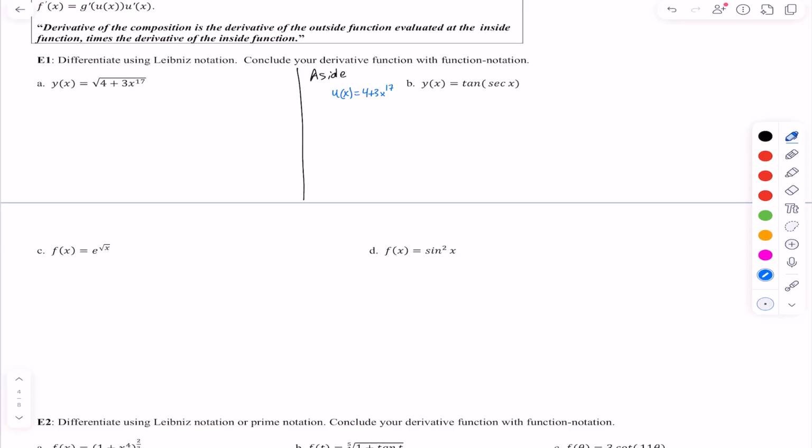And then the outside function would be g. And remember, the chain rule says to do this.